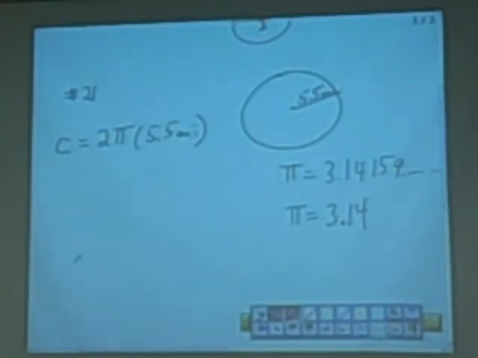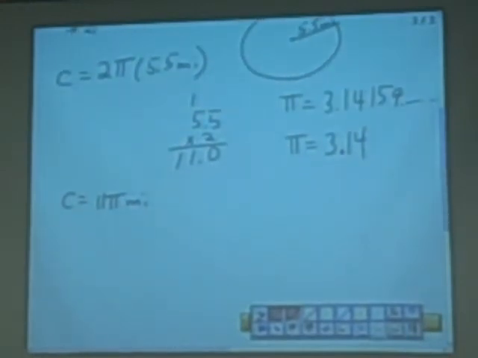Okay, so first, the book asks to write it in terms of pi. So that means we're going to take 2 and multiply it by 5.5. 2 times 5 is 10, plus 1, that's 11. So what we have here is 11 pi miles. Okay?